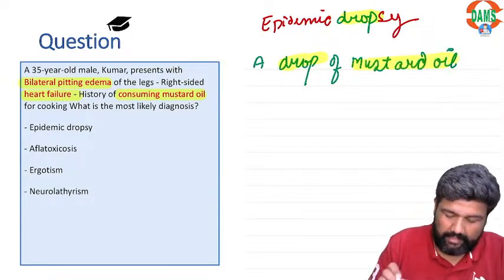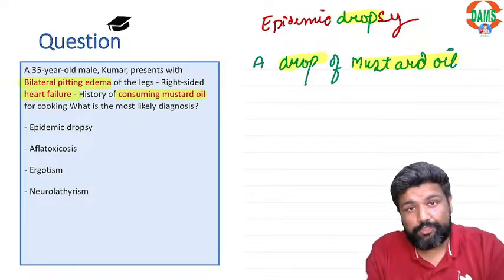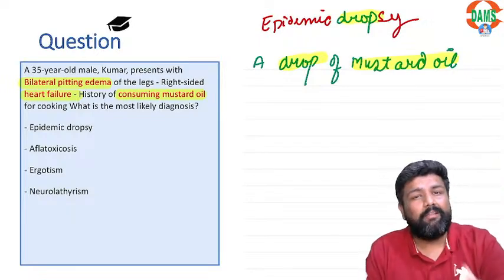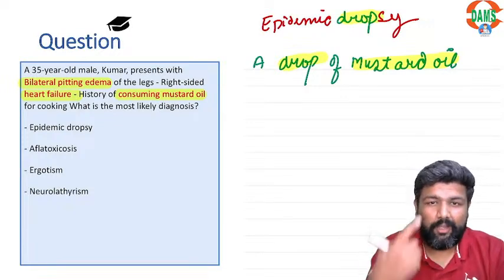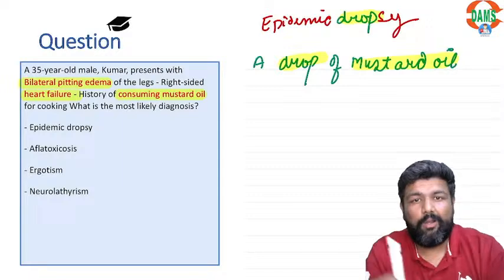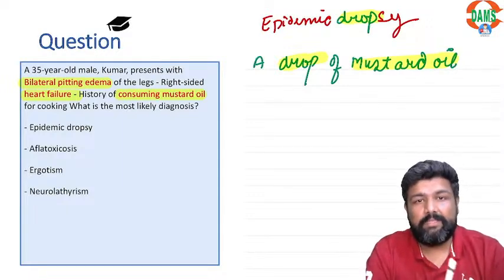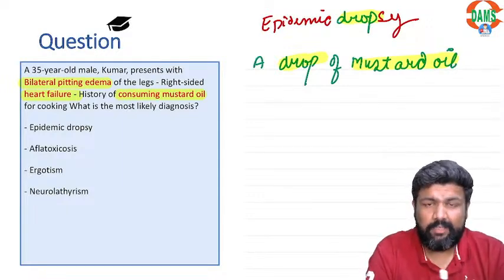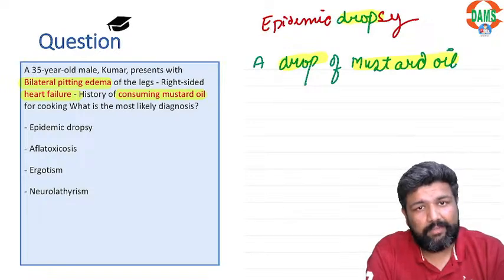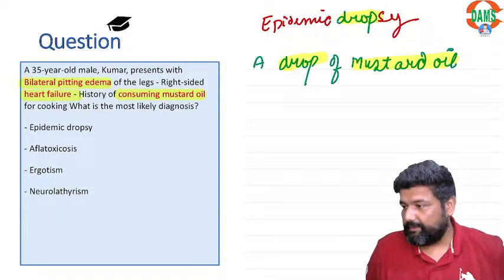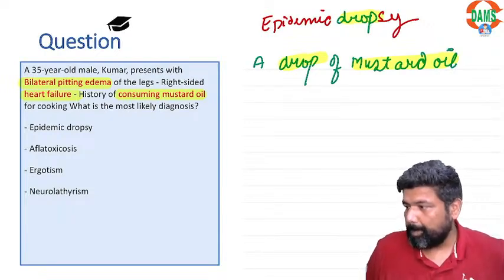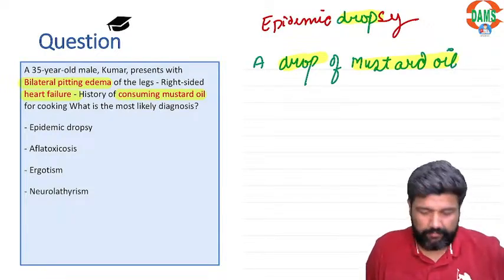Epidemic dropsy is seen because of the adulteration of mustard oil. What happens? Drop means fluid. Let's recall the mnemonic. Pedal edema because of fluid. If there is more fluid in the eyes, glaucoma. More in the heart, congestive heart failure. More in the GI tract, diarrhea. These are the symptoms of epidemic dropsy.